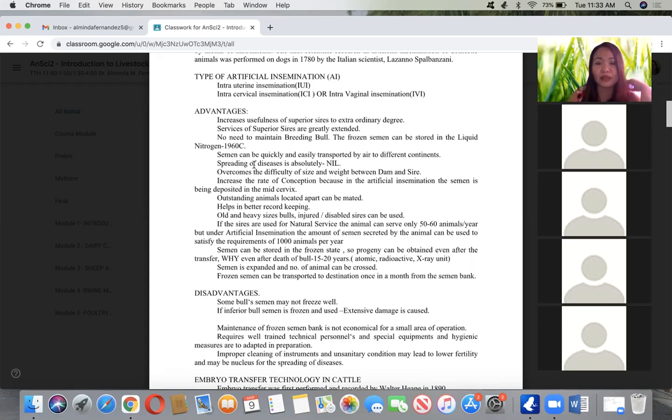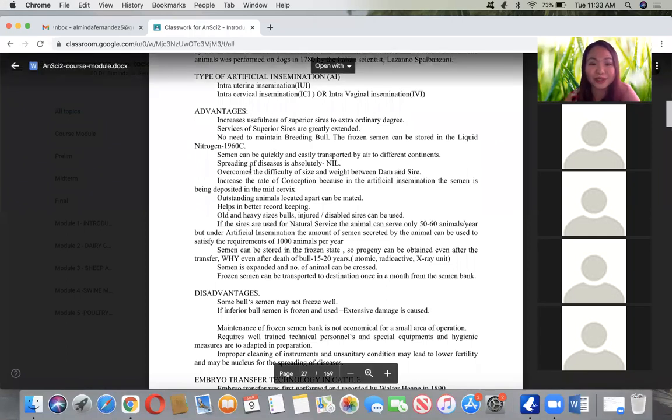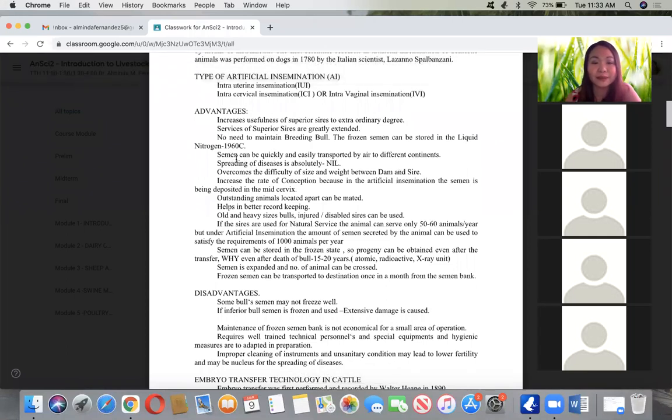Have you seen liquid nitrogen already? If you have seen one, it is the gas that comes out like smoke. You will also see some videos showing how to store semen in liquid nitrogen.